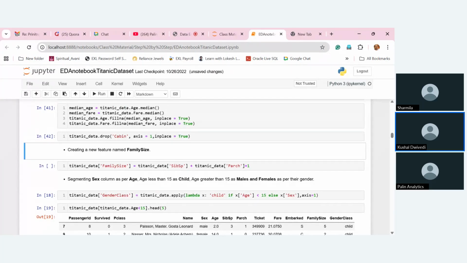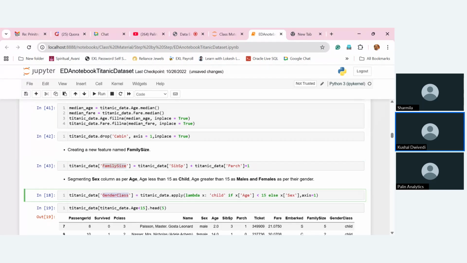Now we are generating some additional values like family size. So we are including the sibling and parent-child data with it, and with this we are generating the family size.